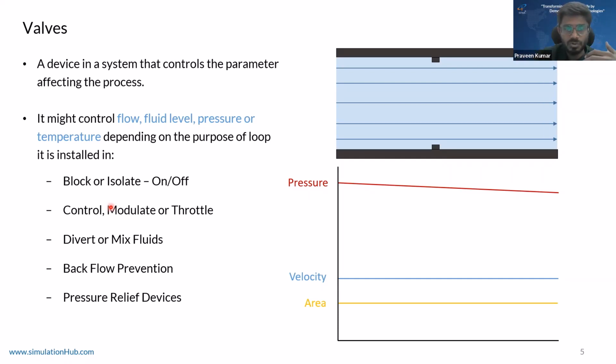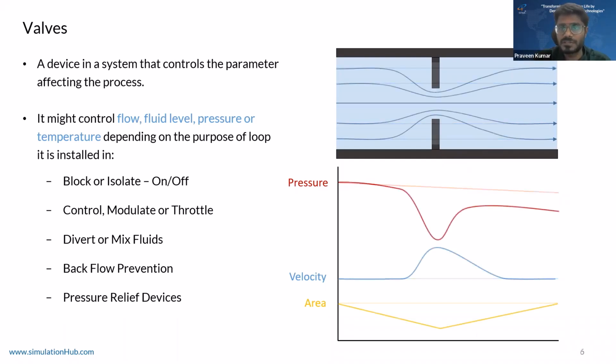If it is used for controlling, modulating or throttling, it is called a control valve. There are also valves for mixing fluids, backflow prevention, and pressure relief devices. On the right side is an illustration of how a valve can control these parameters. It is done by varying the flow area. By bringing some restriction in the flow area, the pressure and velocity change, and with the help of different designs, we can control the parameter exactly the way we want.